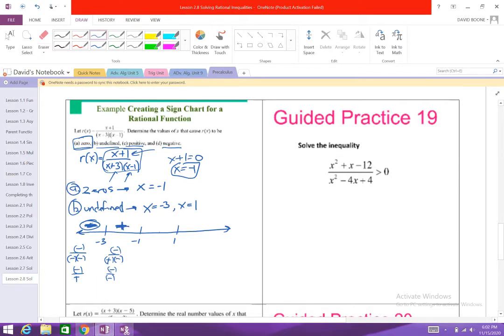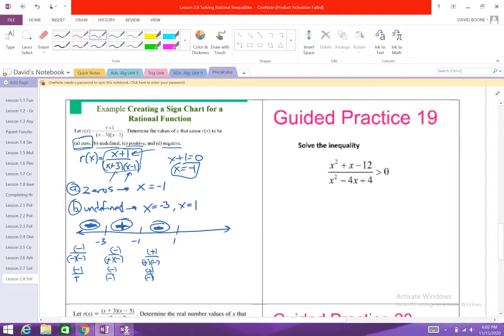Check this area: 0 is in between there, so I'm going to check 0. 0 plus 1 is 1, a positive number, all over 0 plus 3, which is a positive number, 0 minus 1, which is a negative number. So I'd have a positive over a negative, which would be a negative. So everything in here would be a negative answer.